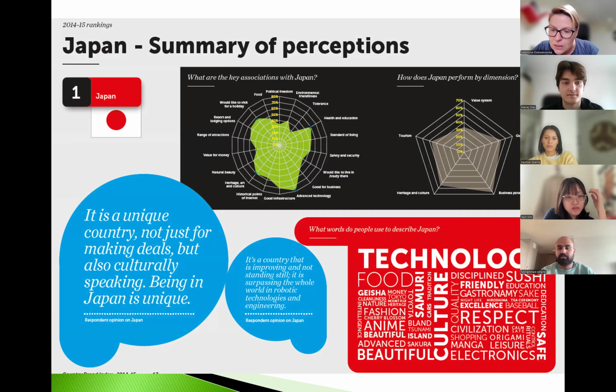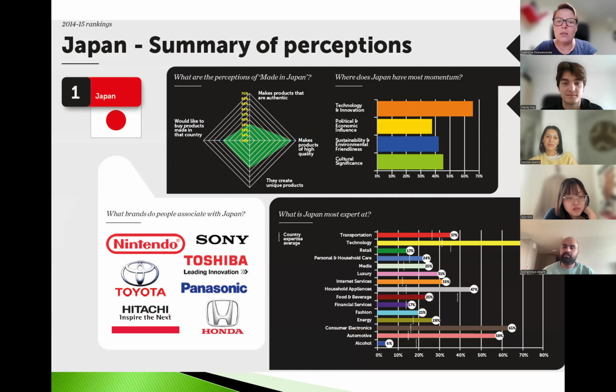And what else did you guys say? Sushi, that's food. It's beautiful, it's advanced, it's fashion, it's anime, and it's civilization, shopping, origami, and so on. And then when we look at brands that are associated, Toyota is of course one of them, right? So that means that there are strong brands that you know that come from that country.